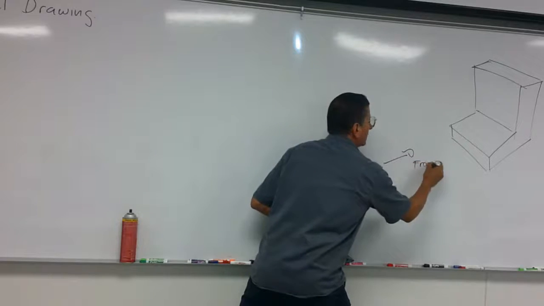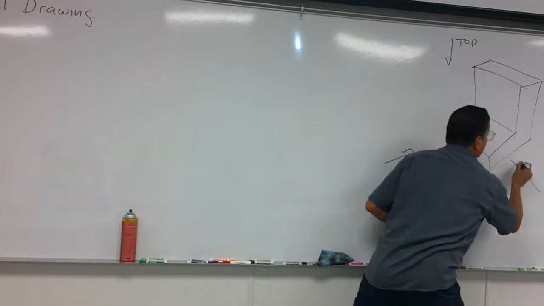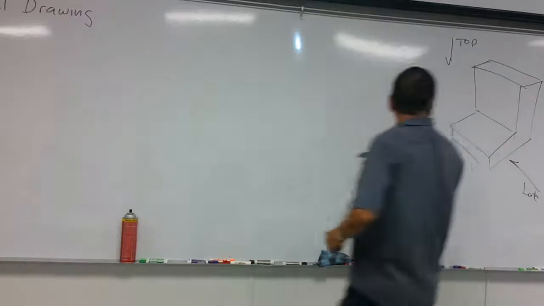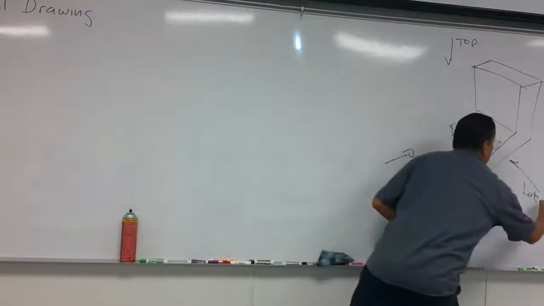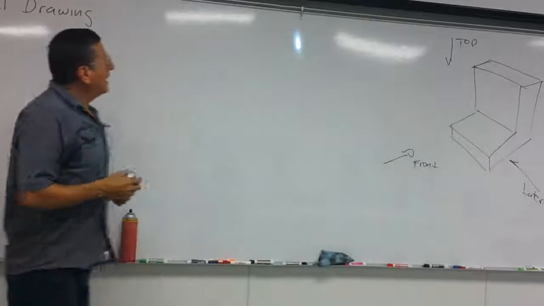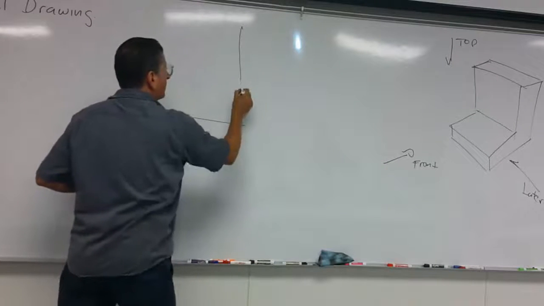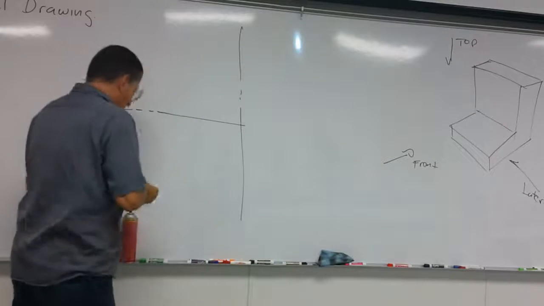This is the front, this is the top, and this is the lateral. Okay, that's the front, that's the lateral, and that's the top view. You have the paper in your hands. We are going to try to do the orthographic projections about that element.